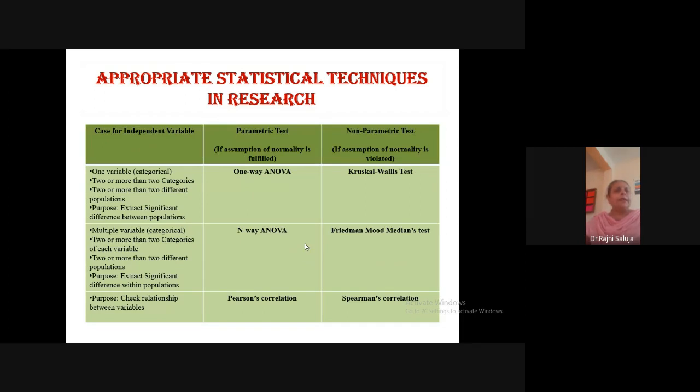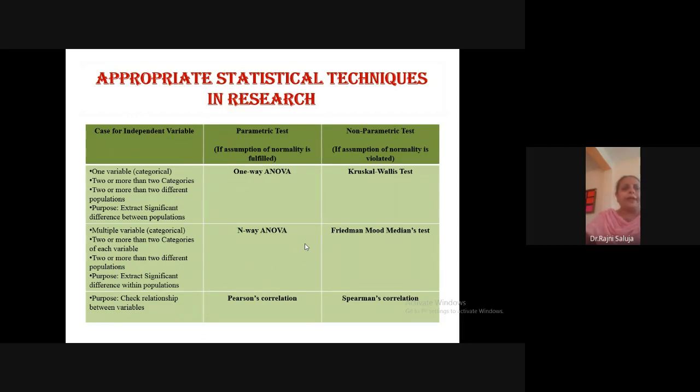In the same way, we can discuss other cases. When we have one categorical variable with more than two categories, the purpose is again to extract the significant difference between the populations. If it is parametric, we apply one-way ANOVA, and if it is non-parametric, the Kruskal-Wallis test will be applied.